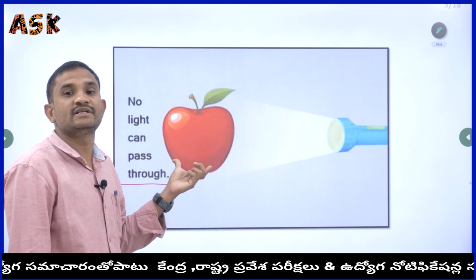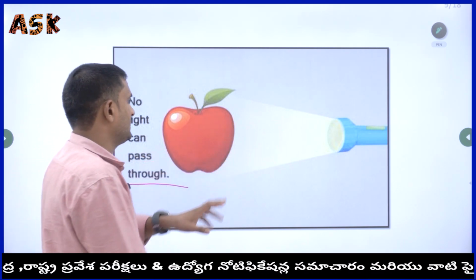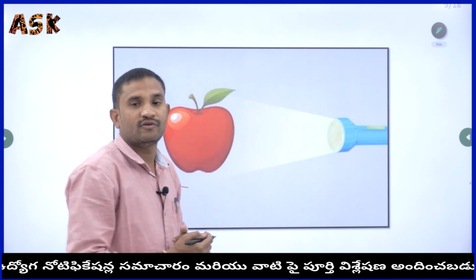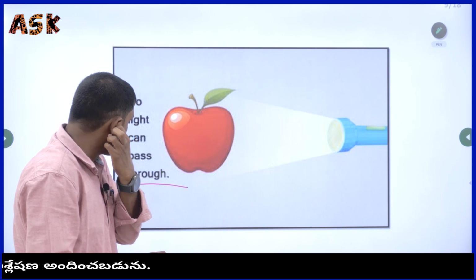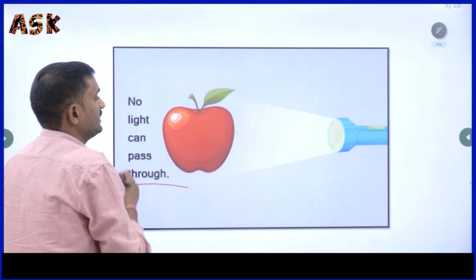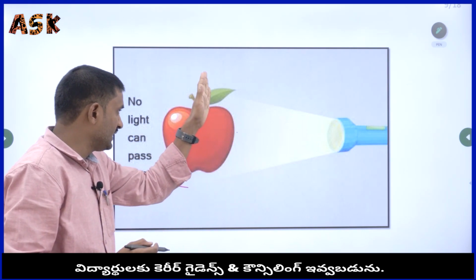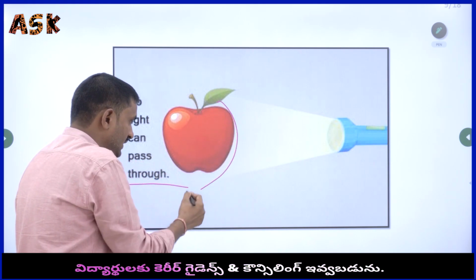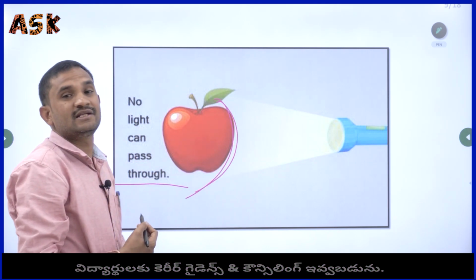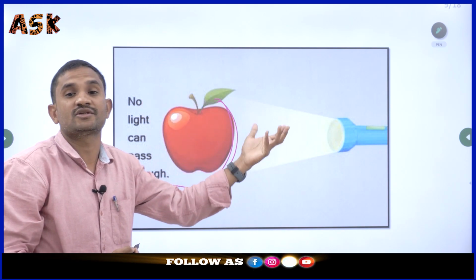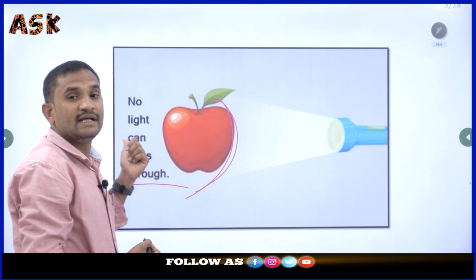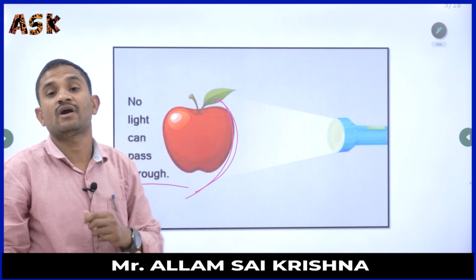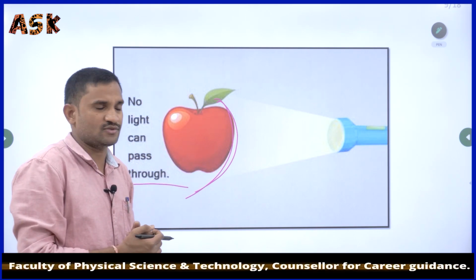One kind of fruit is available. When light rays are incident on this fruit, there is no chance to pass from one side to another side. Completely it is stopping, obstructing the light rays. There is no chance for a single light ray to come from one side to another side. This kind of material we call opaque substances.